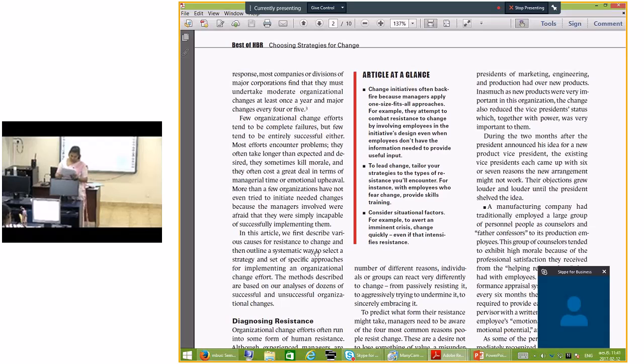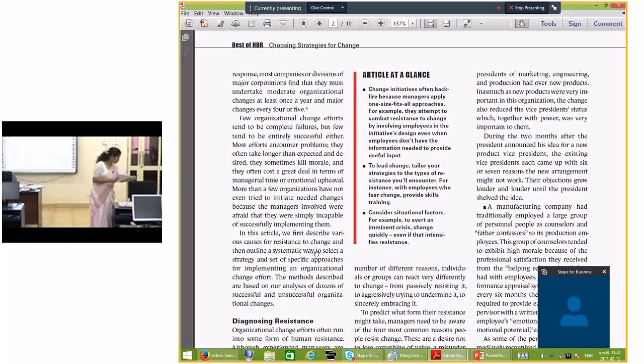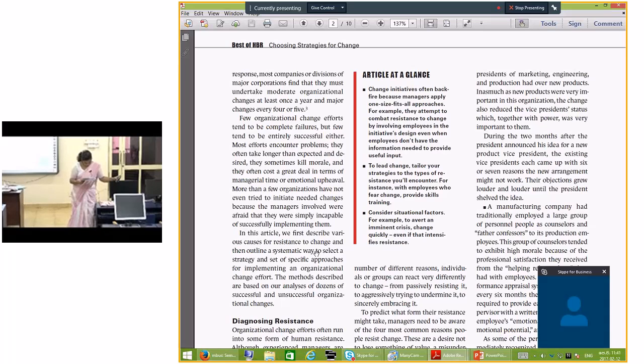Just read on that. Under diagnosing resistance, read on the second para.